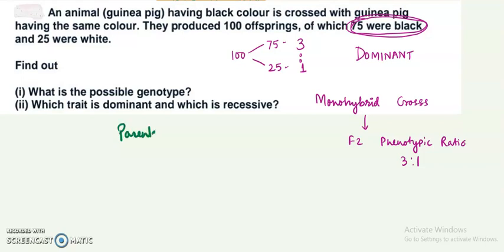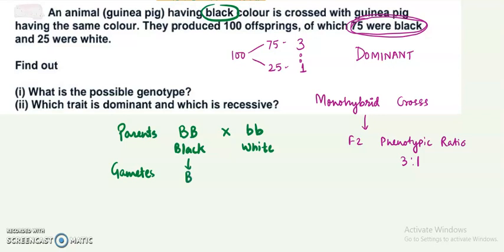Suppose these are our parents, and remember black color is the dominant one, so we would be taking capital B for the black and small b for the white Guinea pig. Guinea pig is one of the varieties of pigs, so don't get confused with the word Guinea.